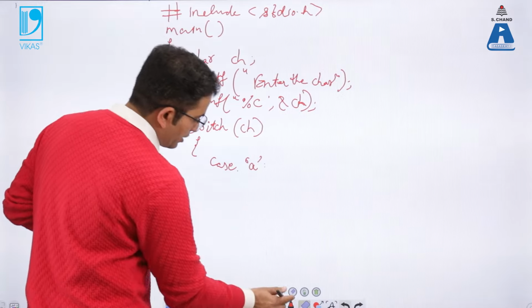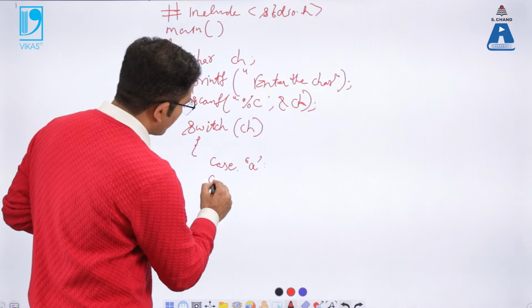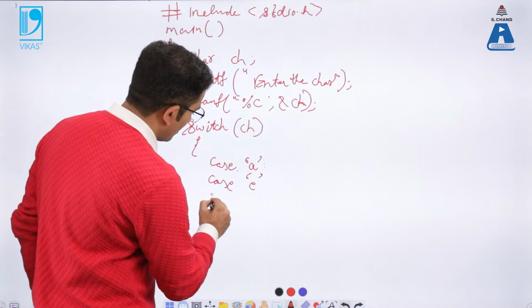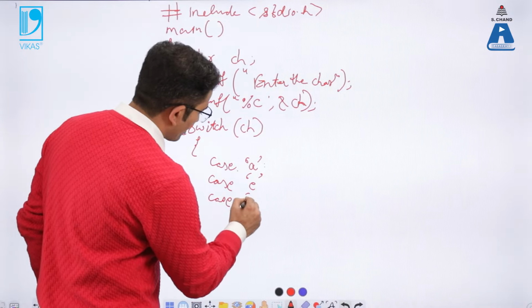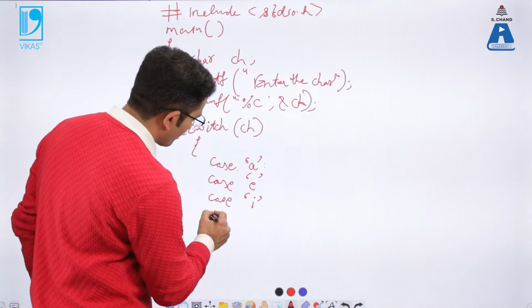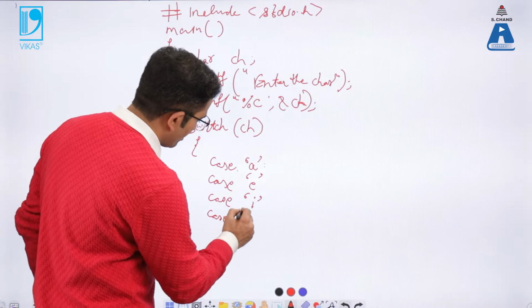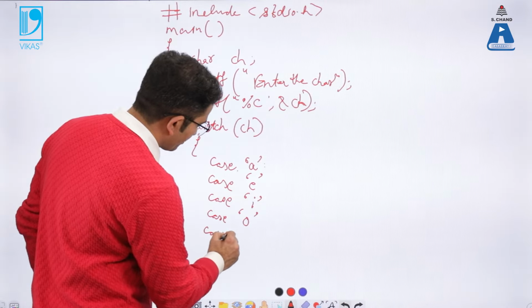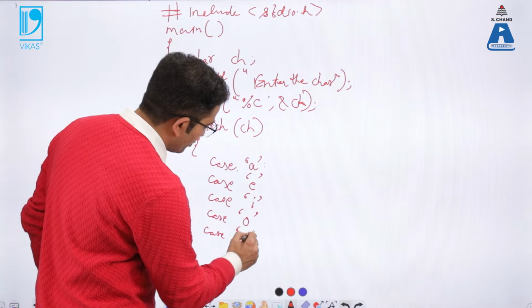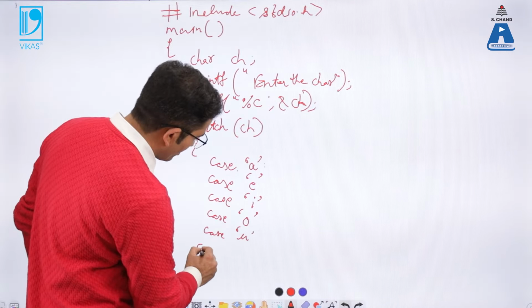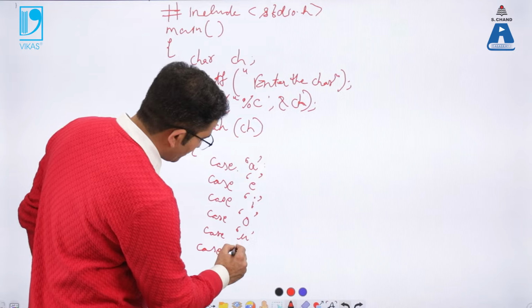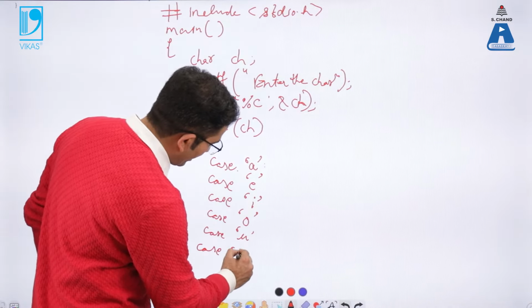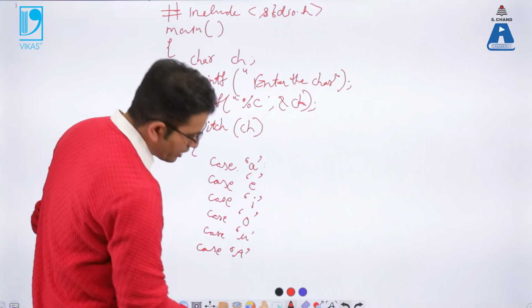This is case a, then case e, case i, case o, case u, capital A, and 5 different cases.